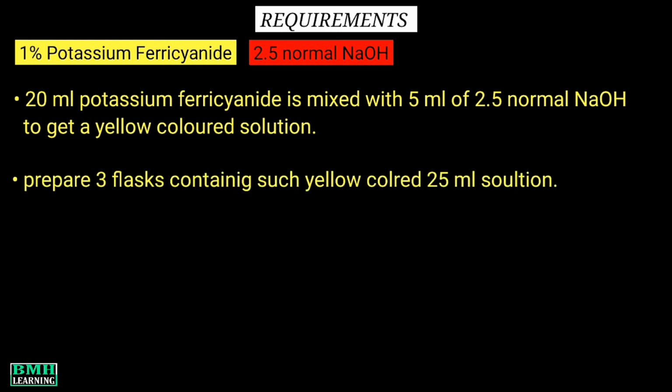We prepare 3 flasks containing such yellow colored 25 ml solution. These can be named as PR1, PR2 and PR3. PR here stands for pilot reading. We are naming the flasks this way because we are going to take 3 pilot readings.